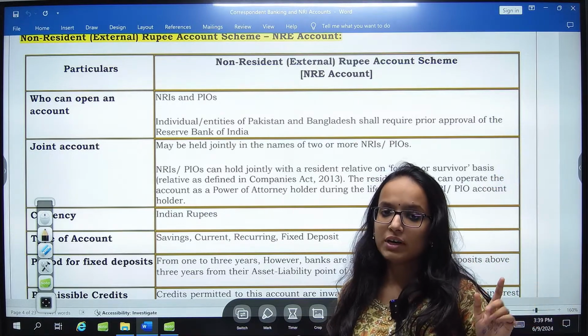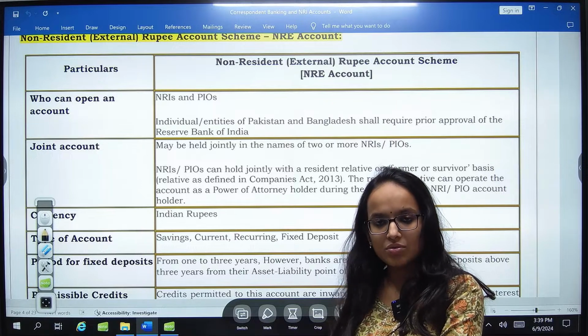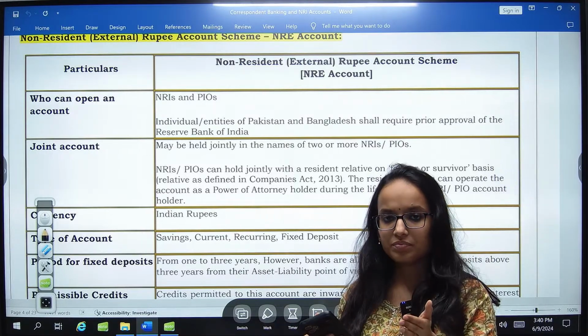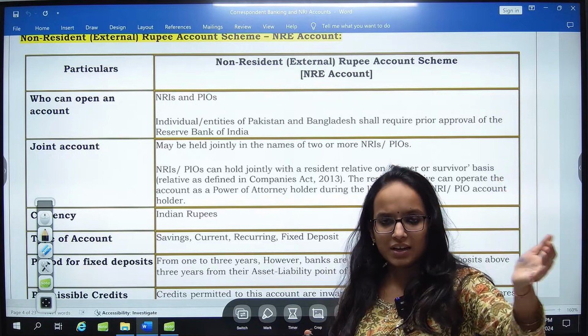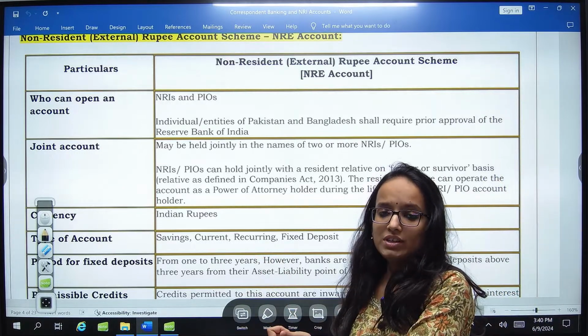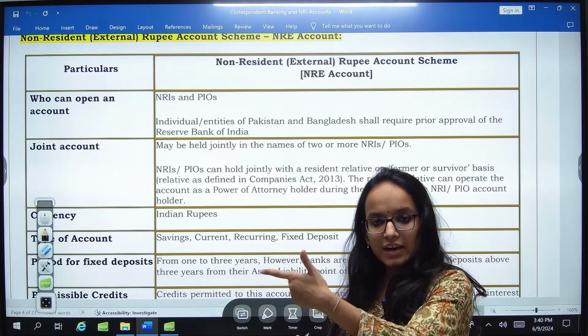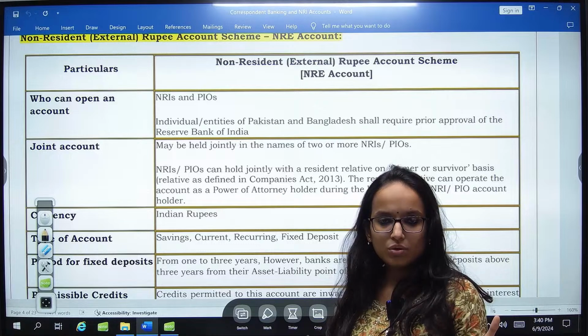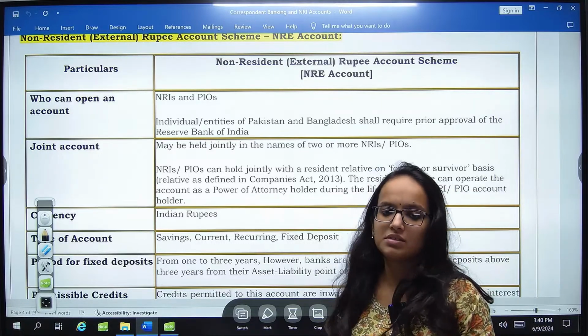It will be after completion of these accounts that we will take up the case studies, because these statements are mixed. Some statements are from NRO, for some the answer is FCNRB, NRE. So we need to understand these accounts first holistically, then we will do the case studies.